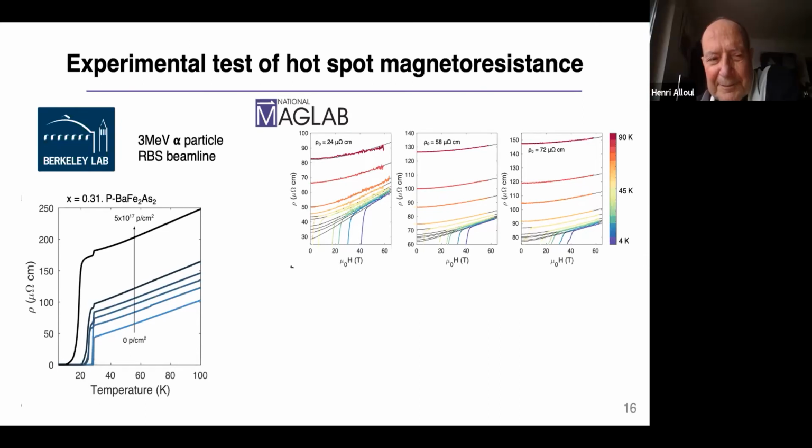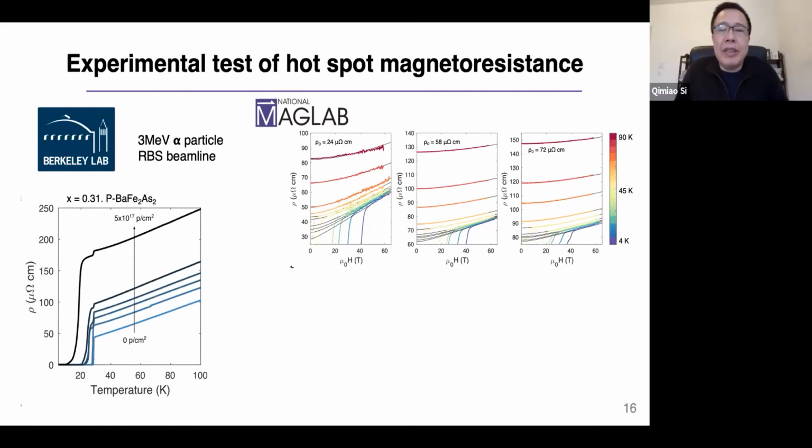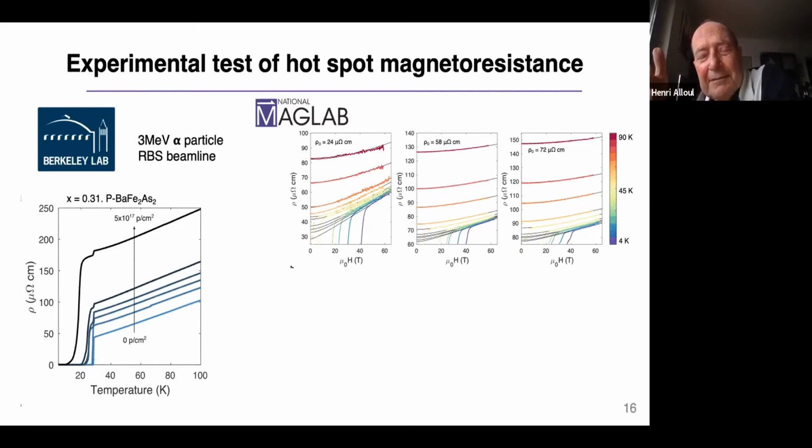I still have one remark. This system being multi-band, in principle the scatterings are not going to be the same for the various bands. The analysis that is done, similar to that done in the cuprates, is for a single band model, where the band has the hotspots.